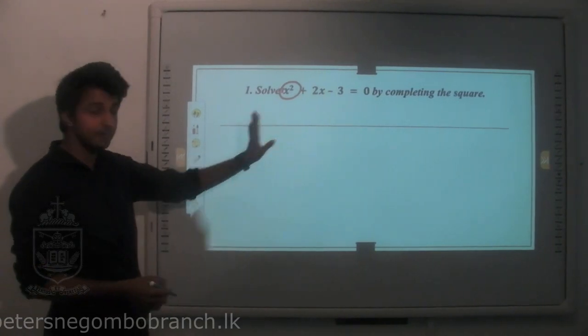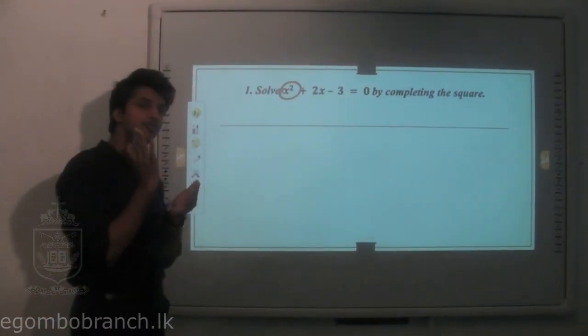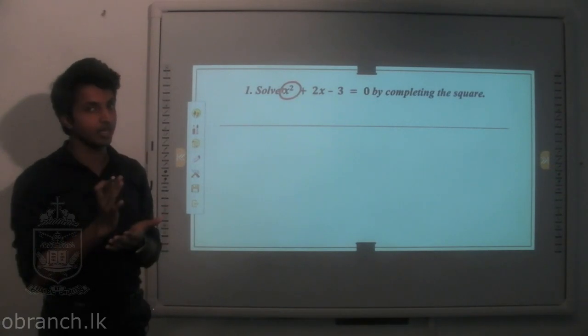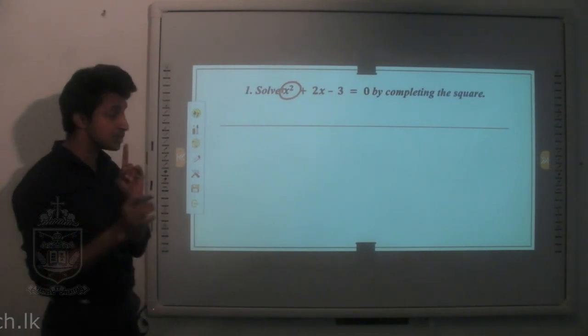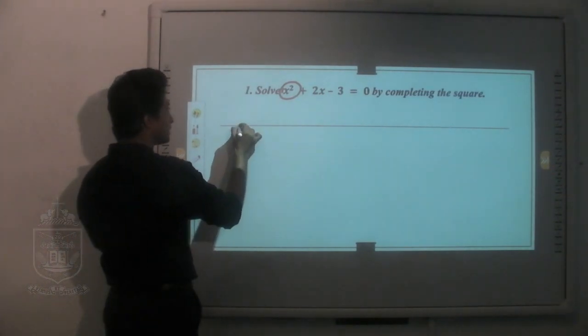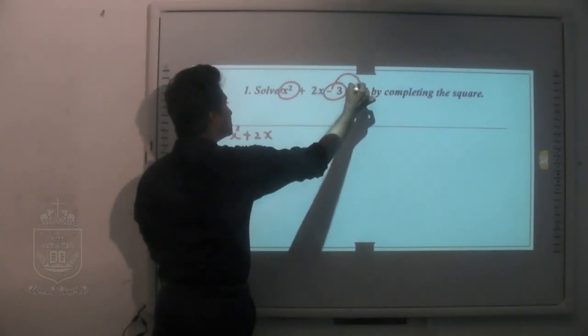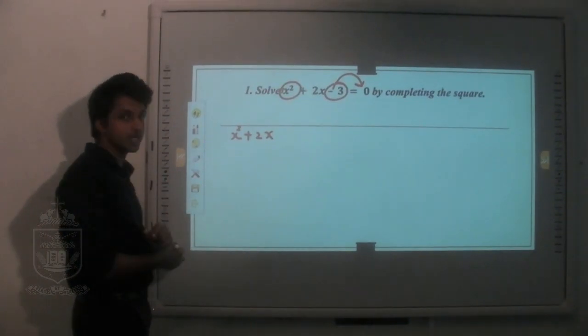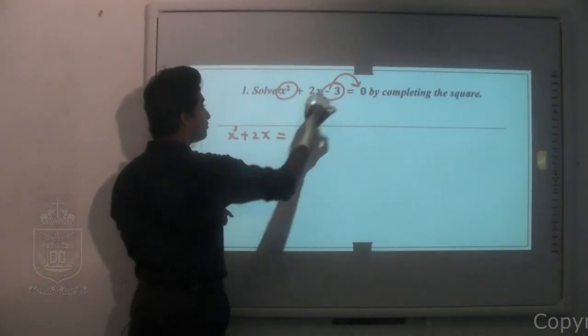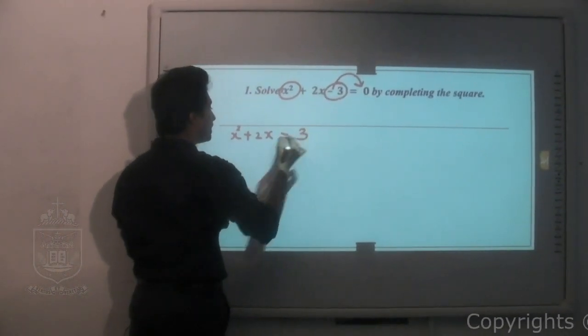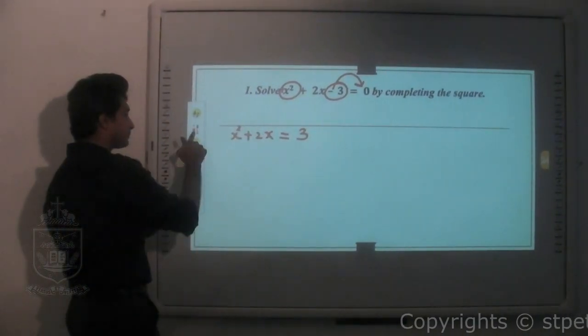But here that is fine. In front of x squared you have 1. That you don't have a number means you have 1 here. So now it is okay. So the first step you do is, first you have to take the whole number to the other side of the equation. That is, we have minus 3 here. Minus 3 will be taken to the other side as plus 3.